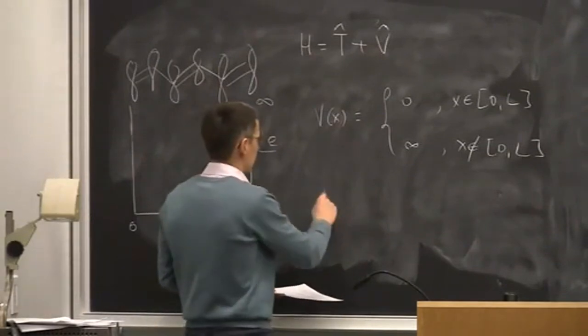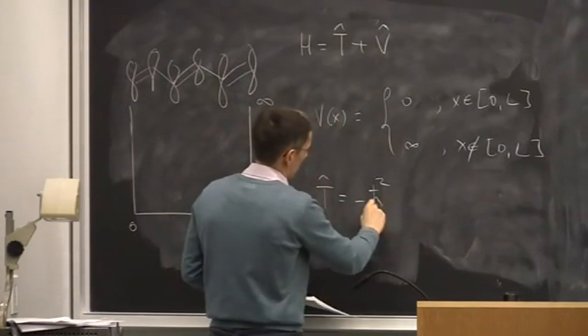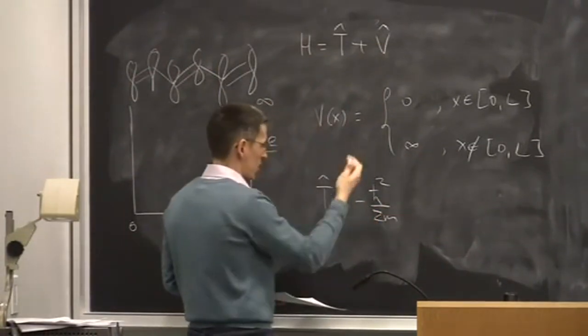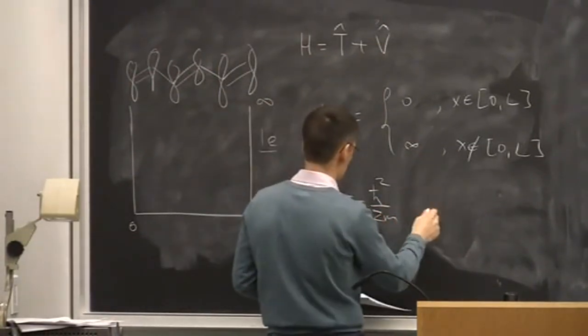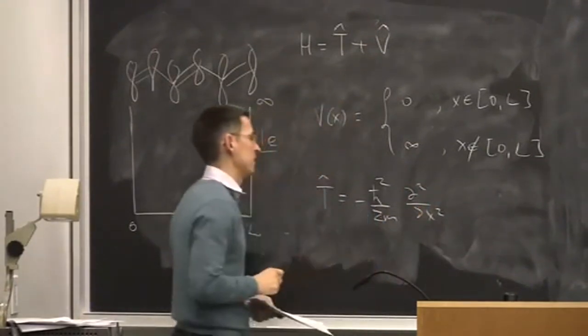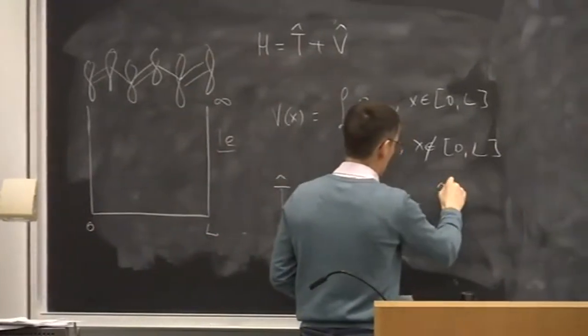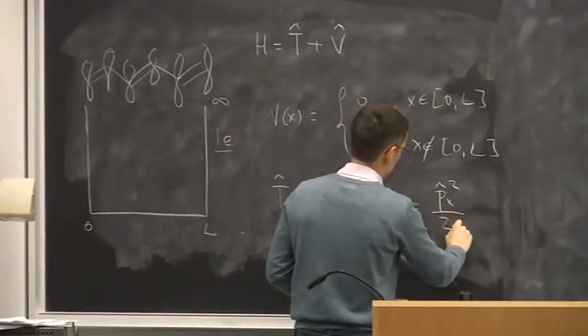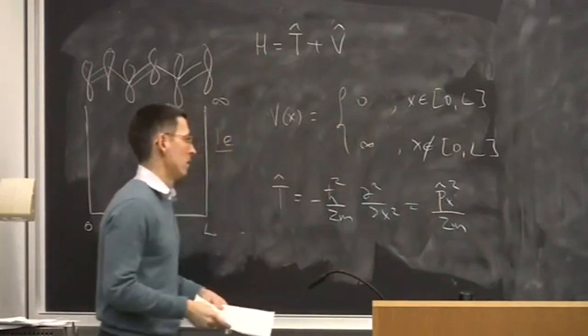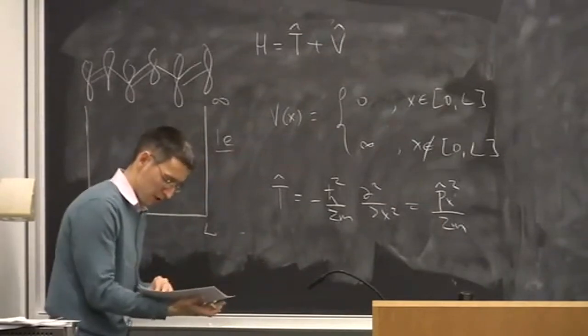Then the kinetic energy term, as before, is minus h bar squared divided by 2m, where m is the mass of the particle, times the second derivative with respect to x. This is simply the momentum operator squared divided by 2m. One way or another, these are equivalent representations.